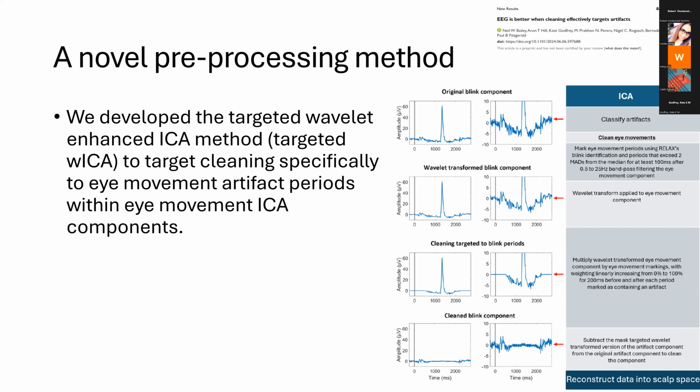So it still uses ICA, but it targets cleaning specifically to eye movement artifact periods within the eye movement ICA components. And so the idea here is that we're essentially trying to leave EEG even more alone by only applying the ICA cleaning to the specific artifact periods.